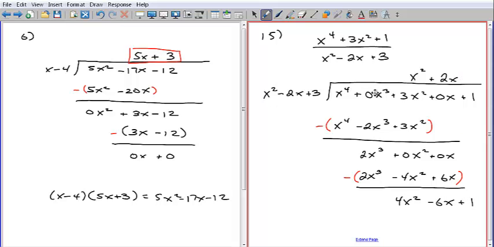So what do we multiply x squared by to get 4x squared? Well, the answer is 4. So 4 times x squared gives us 4x squared. 4 times negative 2x is negative 8x. And 4 times 3 is 12.